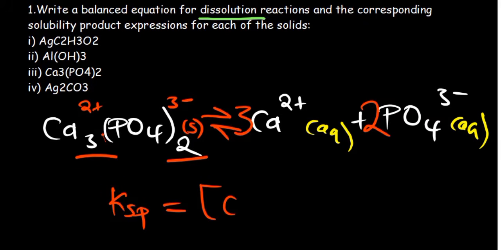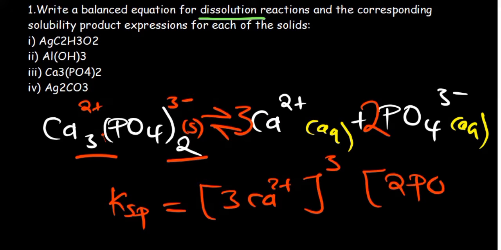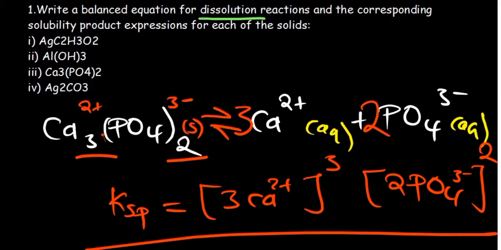Of course, I'll put a 3. So 3 calcium 2 plus ions, raised to the power 3, again 2 PO4 should also be raised to the power 2 from our rules under chemical equilibrium. So this is the KSP expression for the third one, and that is how you give a KSP expression in respect to the solids that are being produced.